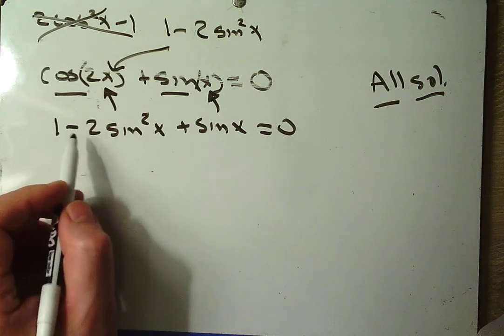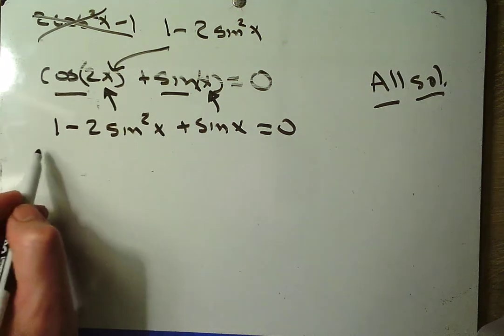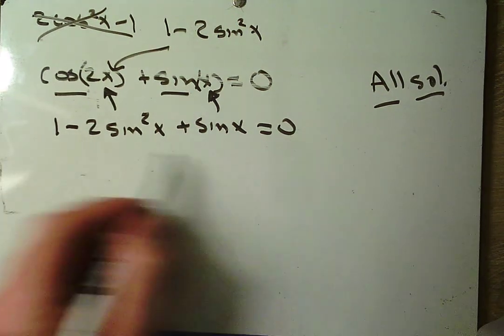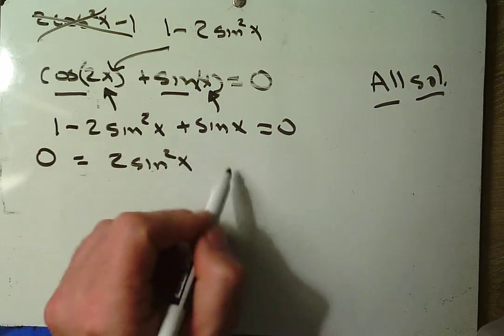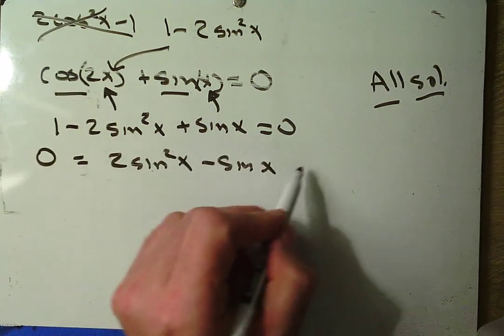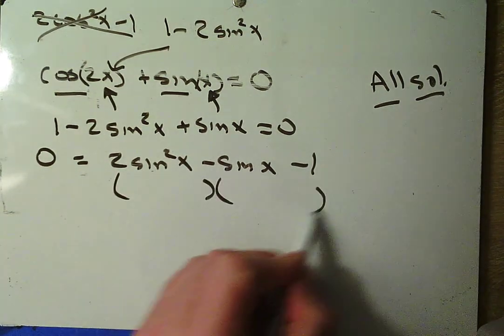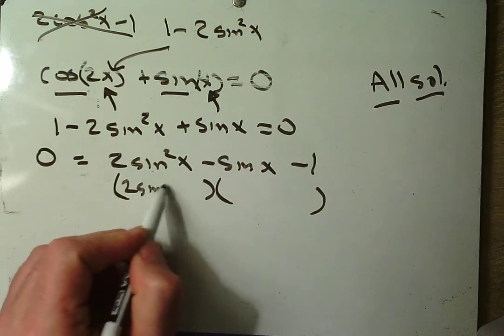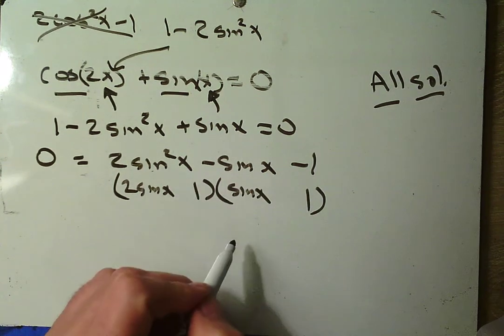And I hate factoring with a negative out in front. So now I'm going to move everything to the other side of the equation and have 2 sine squared x minus sine x minus 1. Here I can factor this trinomial as 2 sine x, 1, 1.